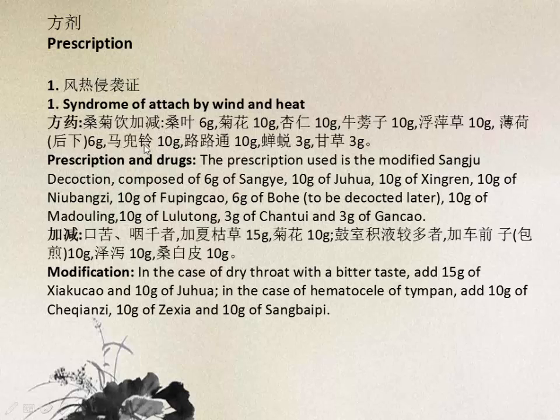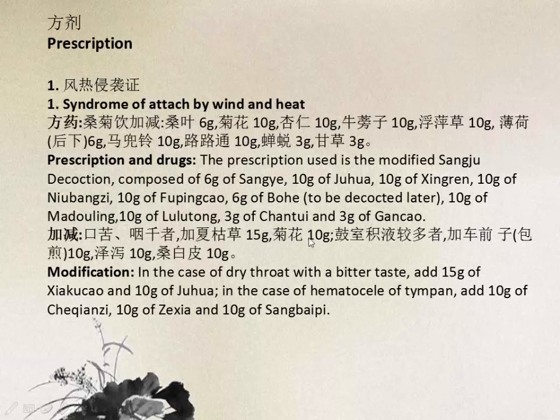Yeah, so Sangju decoction, Sangju Yin, is the formula that Sam mentioned, right? But actually, it shares a lot. So the classic formula: Sang Ye, Ju Hua, Xingren if there's cough, Niu Bang Zi, Fu Ping, Bo He, Ma Bo, Lu Lu Tong, Chan Tui.